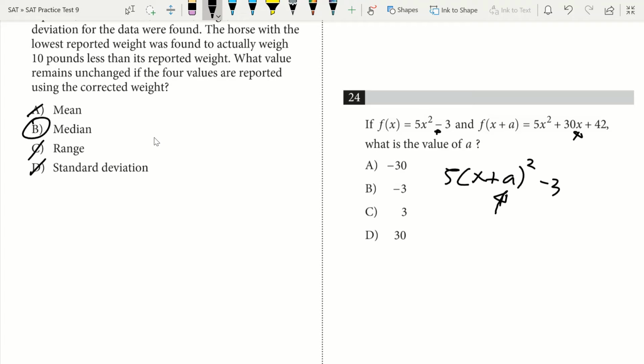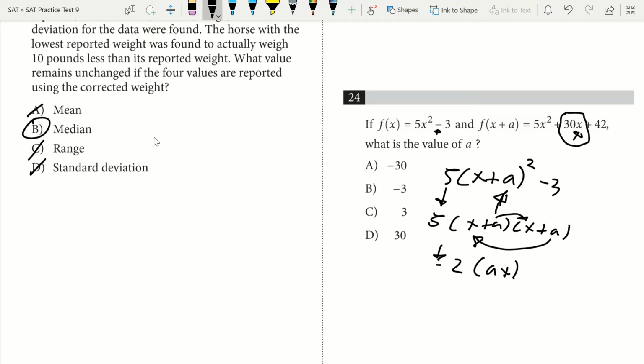Alright, well I see I have plus 30x in this equation. So I know that when I square this, when I do x plus a times x plus a, I'm going to get my a times x right here, and I'm also going to get a times x here. So I know that I'm going to get 2 times ax. So 2 times whatever a is times x, but I also know I have this 5 that drops down, right?